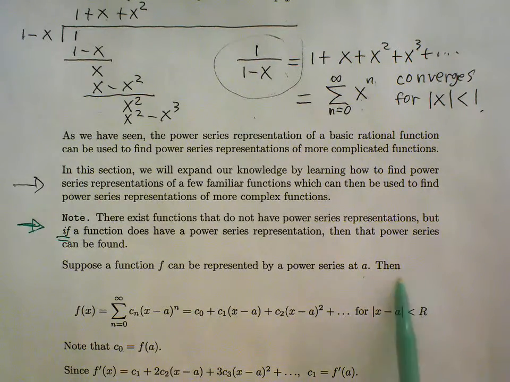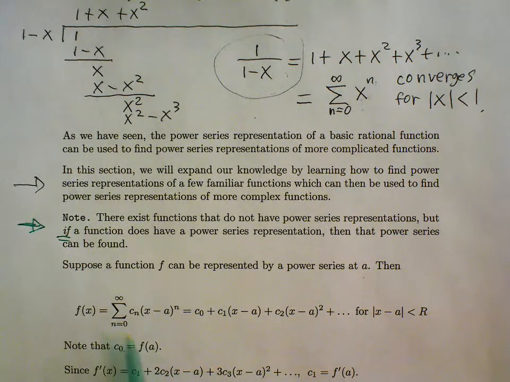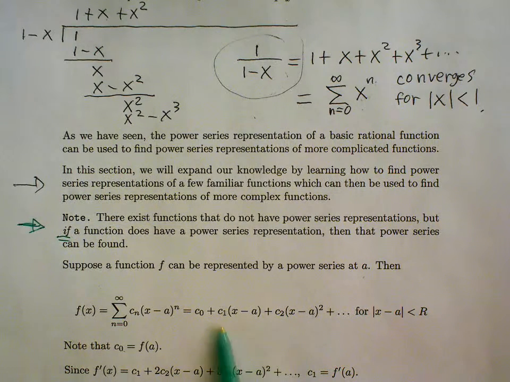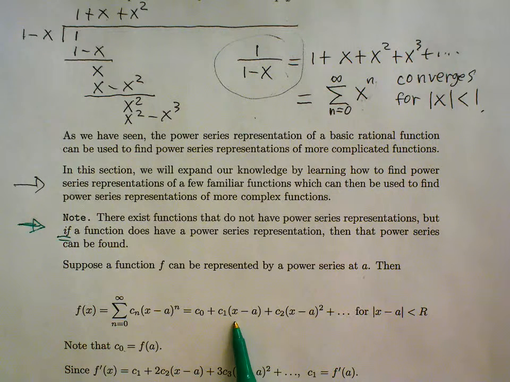Well, if that is the case, then f of x is equal to this power series. The terms are c sub n times x minus a to the n, starting at 0. And then when we expand this a few steps, we get c sub 0 plus c sub 1 times the binomial x minus a, and so on.